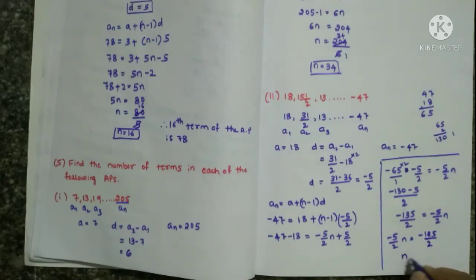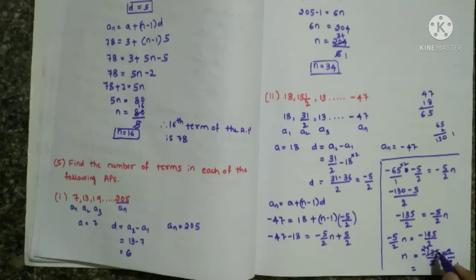Then n is equal to minus 135 by 2. This denominator is there, no? Left side it will go to numerator into 2 by 5. That minus also is there. Minus into minus will become plus there. This 2 will get cancelled. 5 ones are 5, 2s are 10, 3 remains.